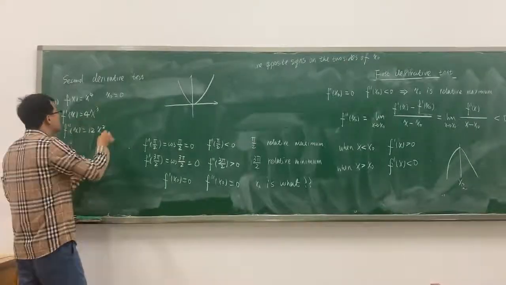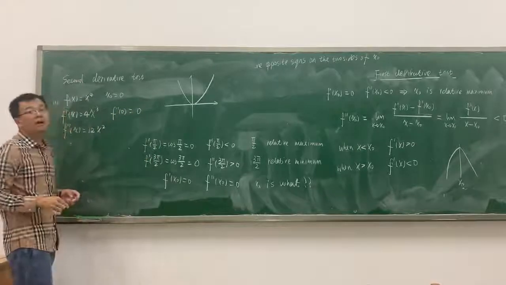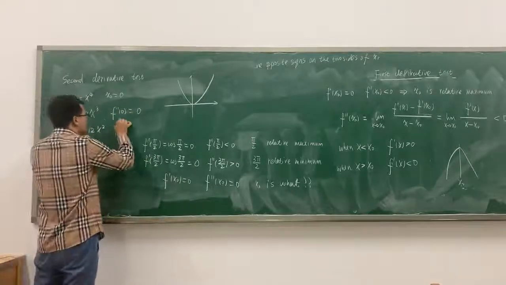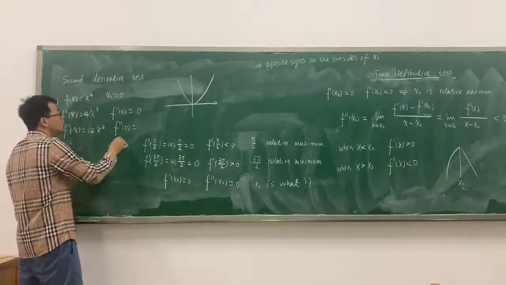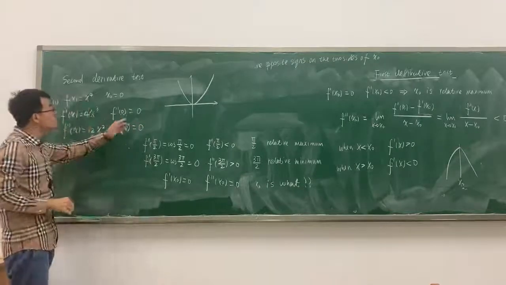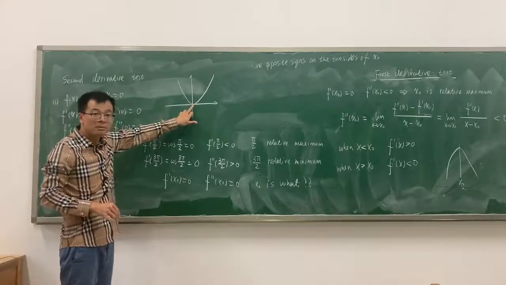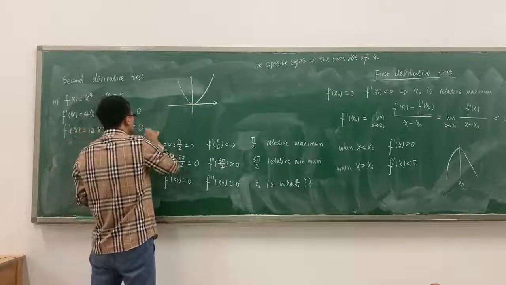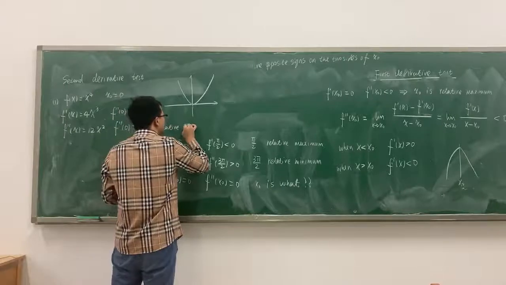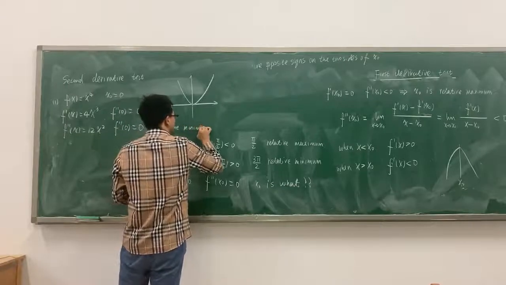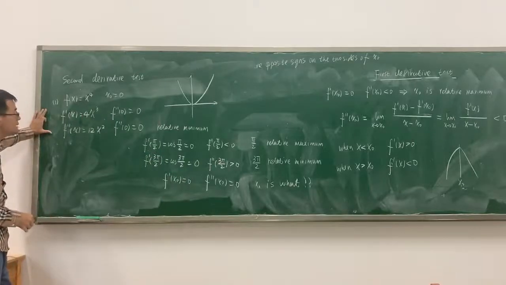It's easy to see f prime 0 equals 0, and f double prime 0 is also 0. In this case, 0 is a relative minimum. This is the first example.